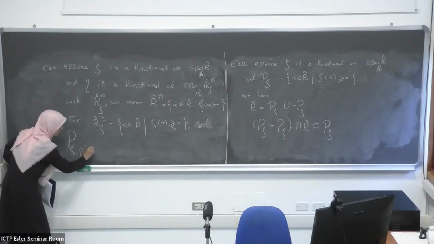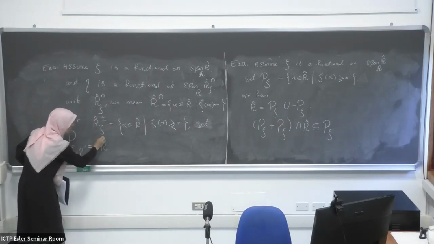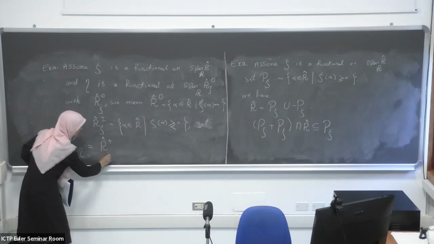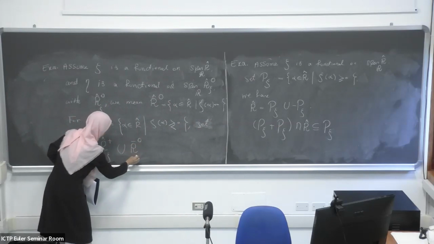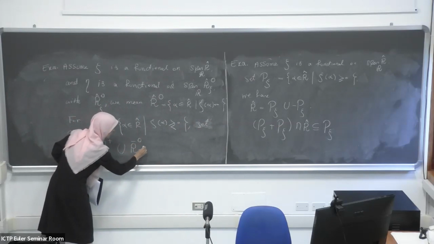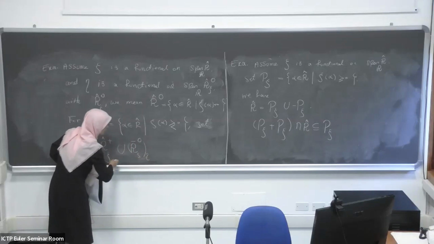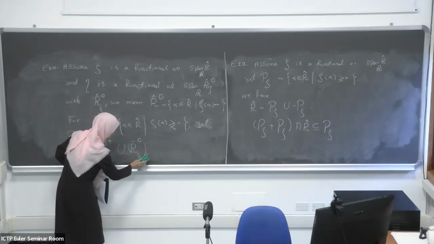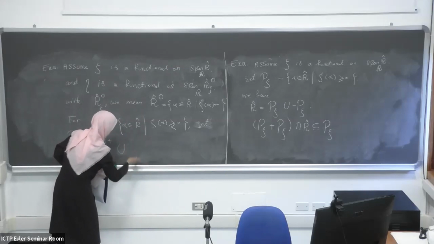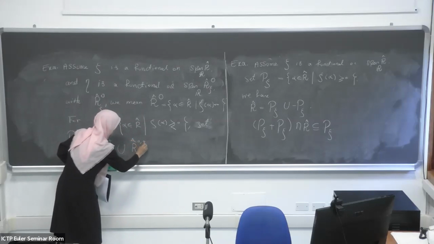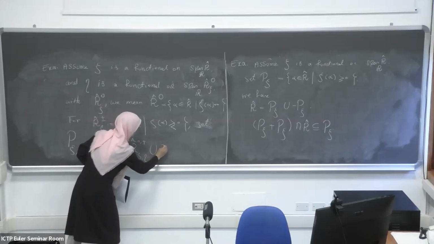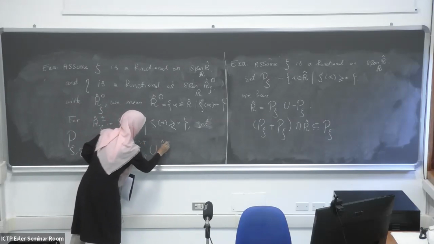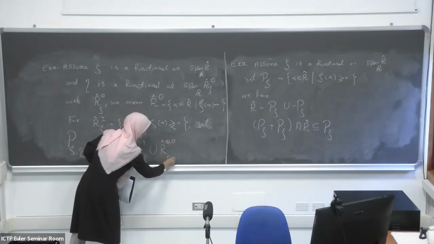Set P zeta eta to be R hat plus zeta union R hat null plus zeta eta.